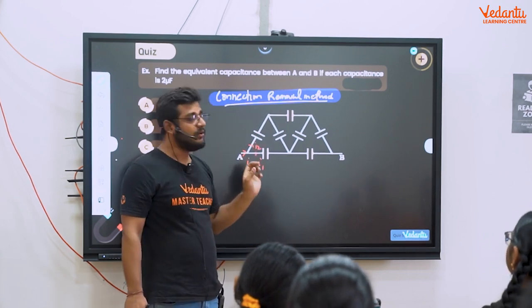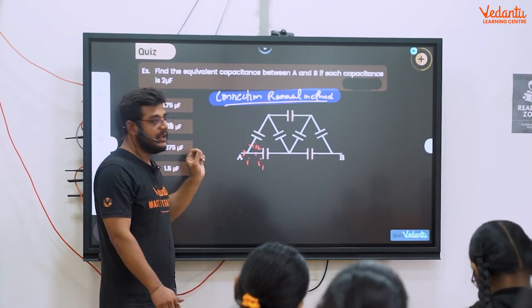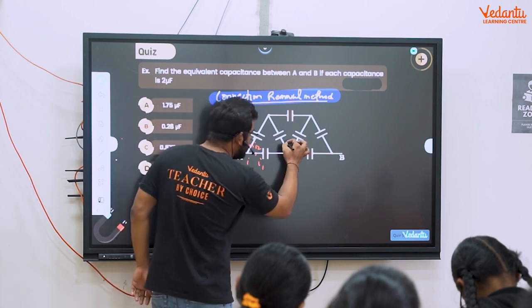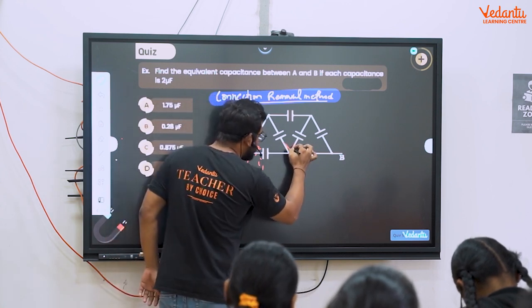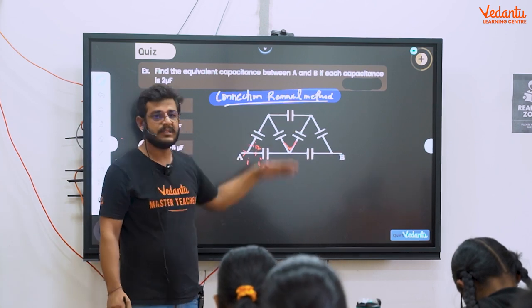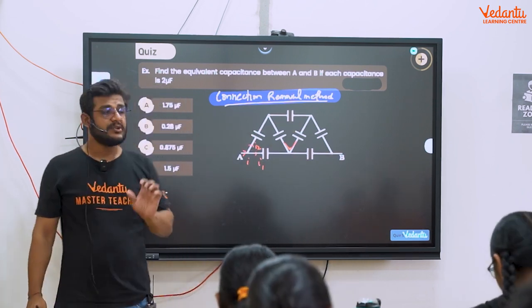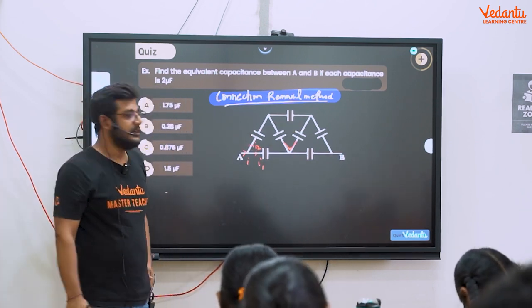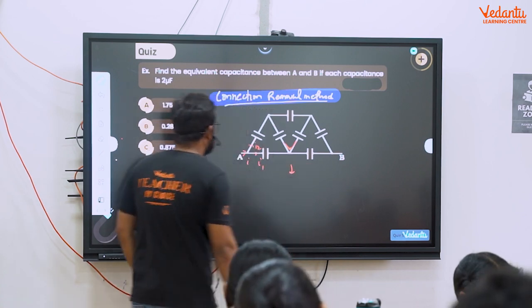Upper part. Now what we are going to say is that we are going to remove this connection. This connection will be removed from here. There is no such connection between this branch and this branch, right? So now what will be the equivalent circuit for this? Let's see this once.